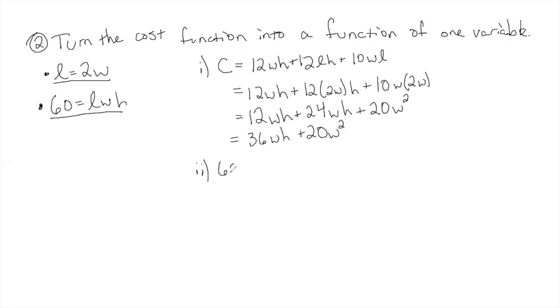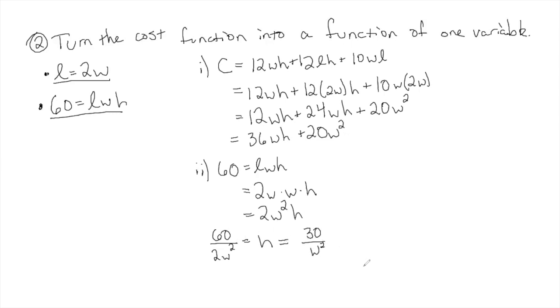Well, if 60 is equal to LWH, I'll use the substitution I used originally, L equals 2W, and I get 2W times W times H, which is, of course, 2W squared H. Okay, well, let's solve for H. Just as I have L in terms of W here, I can get H in terms of W. If I just divide both sides by 2W squared, I get 60 over 2W squared equals H. And this is just 30 over W squared.